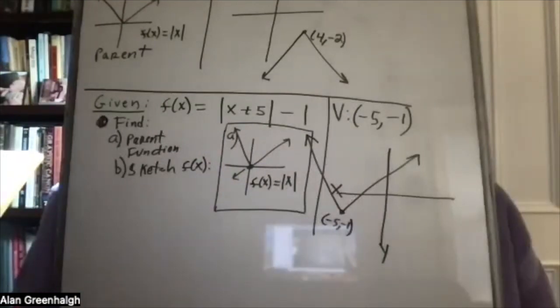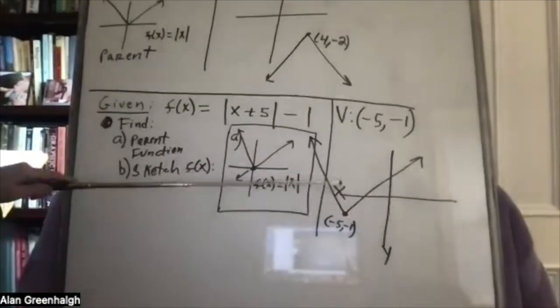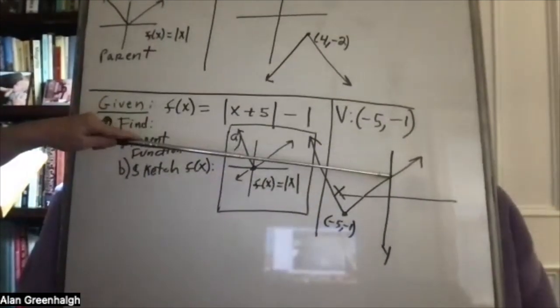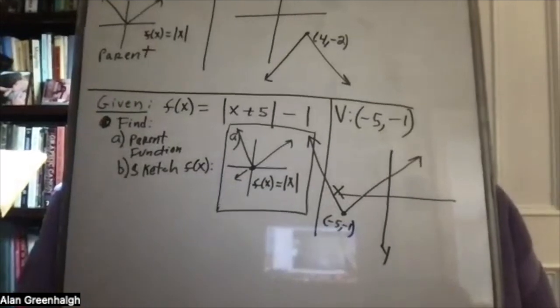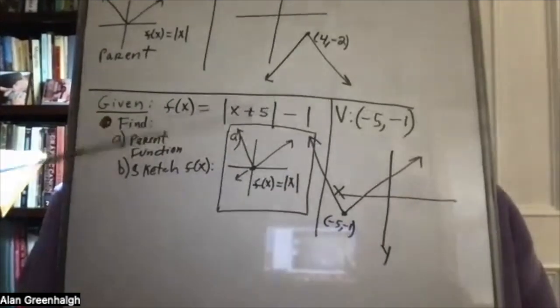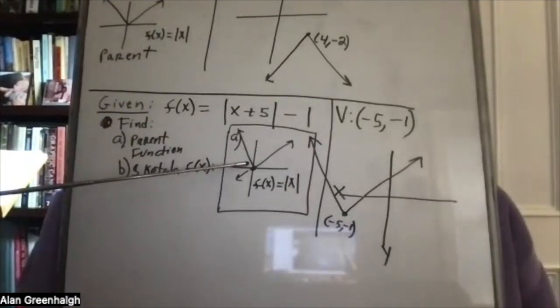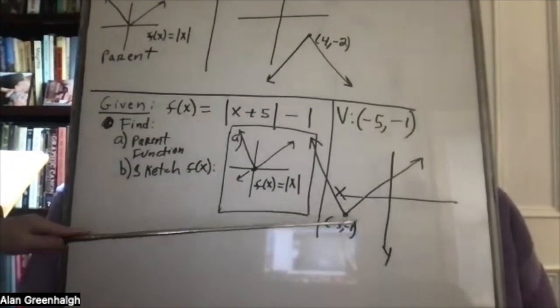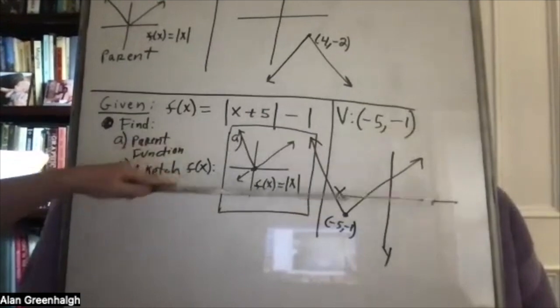Now, some professors may be saying, okay, tell me what that point is. I don't care about that. All I care about is that the starting point has changed from the original parent function, and that because there's no negative there, it's going to go up.